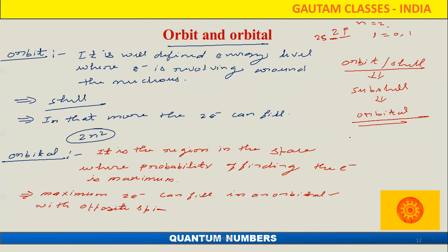Suppose I am taking here 2s. In that s orbital, maximum 2 electrons can fill with opposite spin. So one will come in a clockwise direction, another one in an anticlockwise direction.